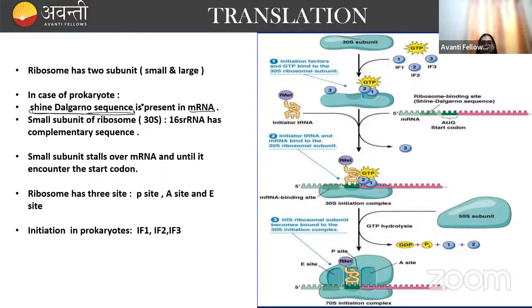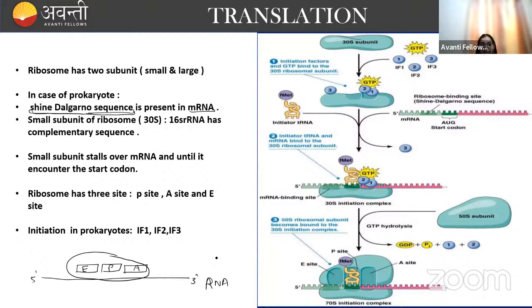And we know that the ribosome has two subunits, the large subunit and the small subunit. And this small subunit has three sites: the E site, P site, and A site. First remember, the smaller subunit of the ribosome will bind to the ribosome binding site present on the mRNA.